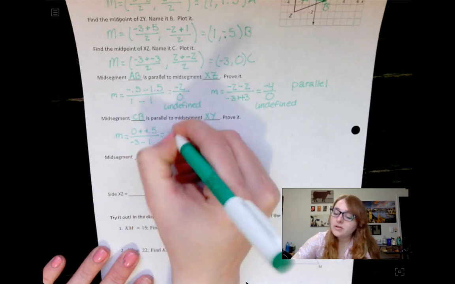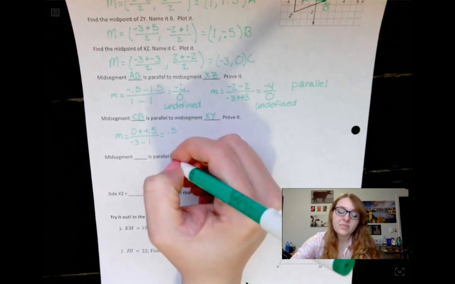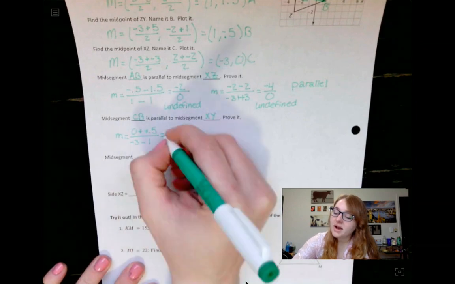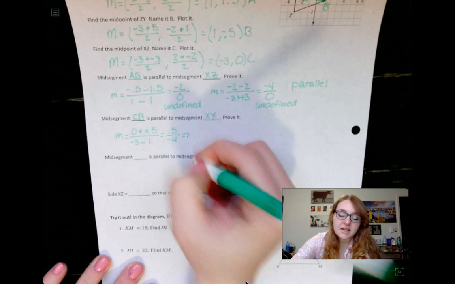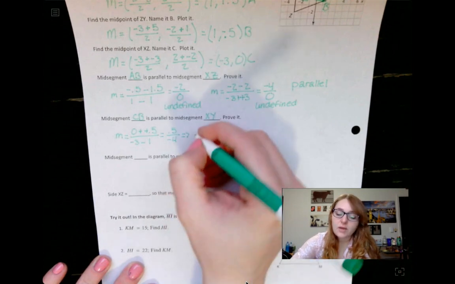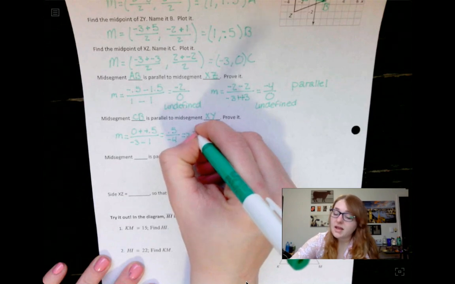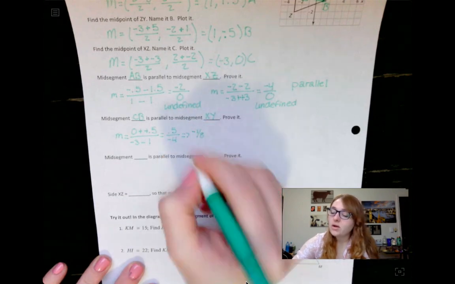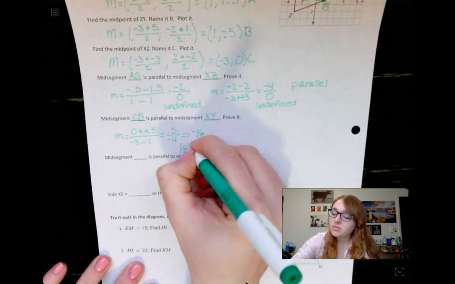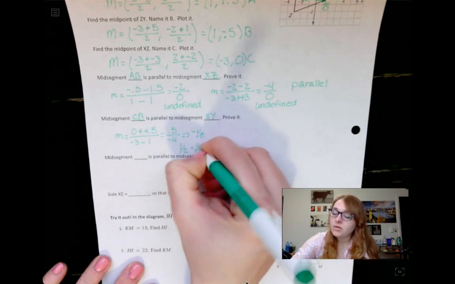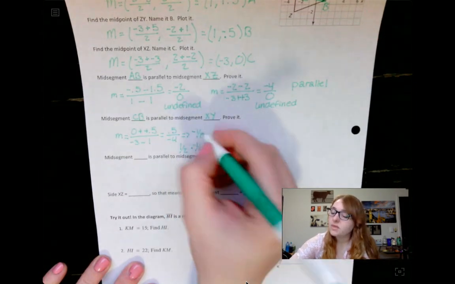So our numerator is going to be positive 0.5, and negative 3 minus 1 is going to give us a negative 4. If we plug this into a calculator, we get negative 1/8. Or we could also say that 0.5 is 1/2, and we multiply that by negative 1/4. That's how we get negative 1/8.